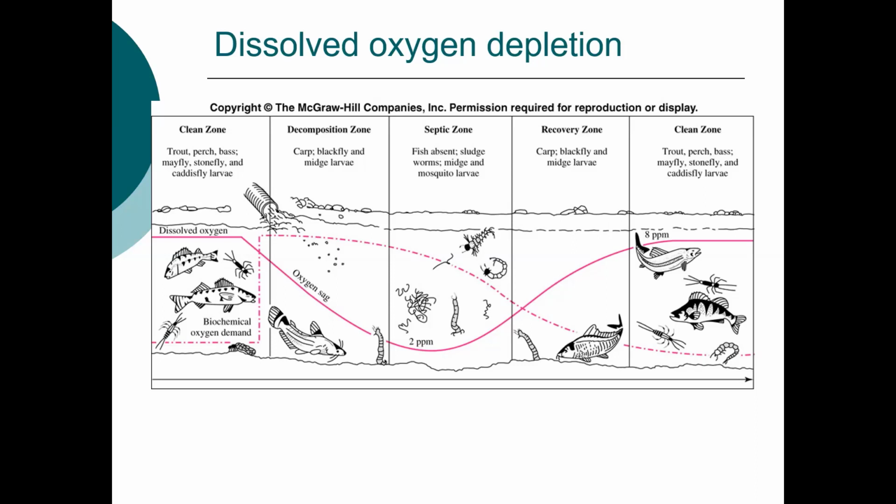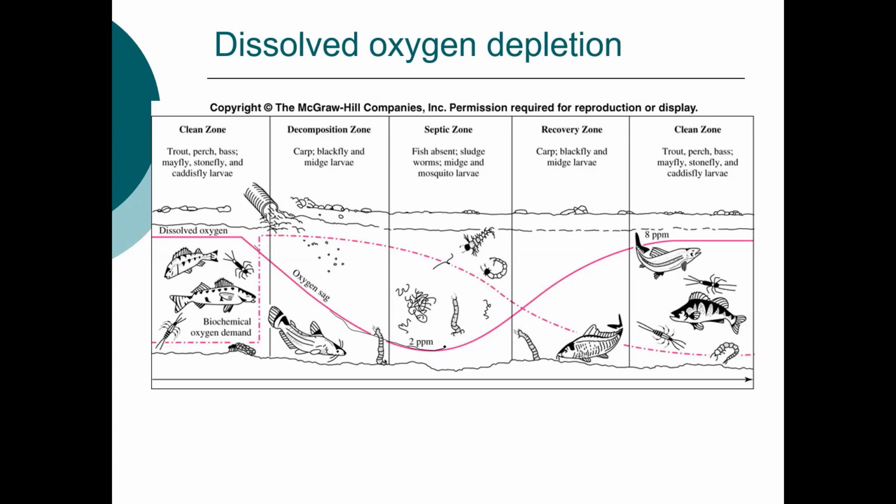We're not removing soluble BOD. What happens then is we get degradation of that organic matter, but in doing so, the organisms are consuming oxygen. And we have a depletion if we get to concentrations at or below 2 milligrams per liter. Then we have what is referred to as a septic zone.